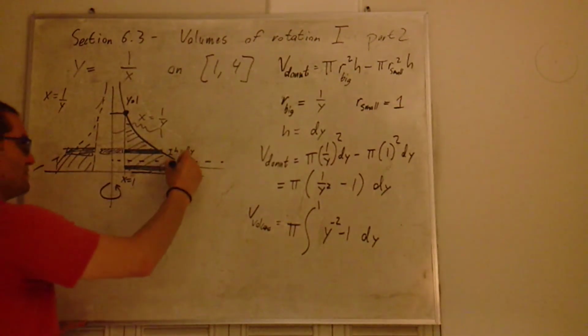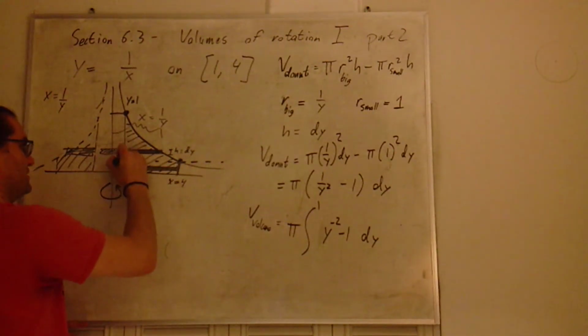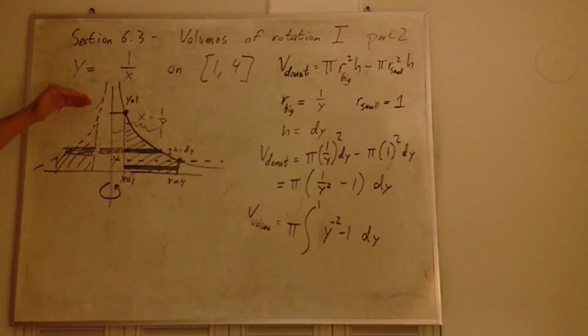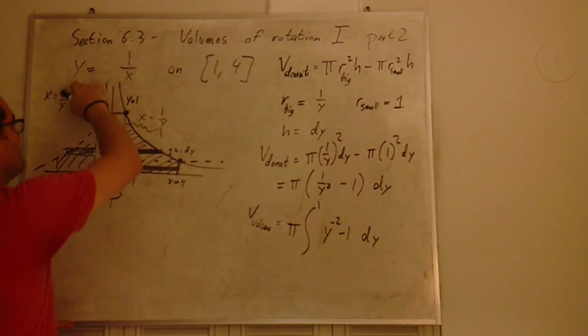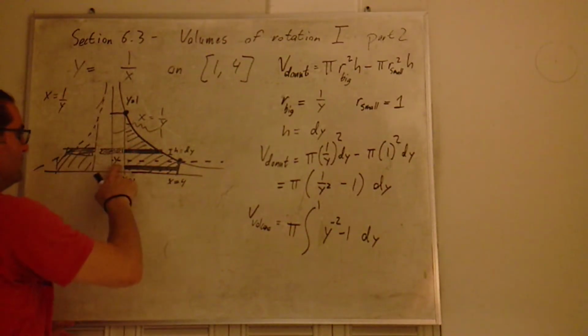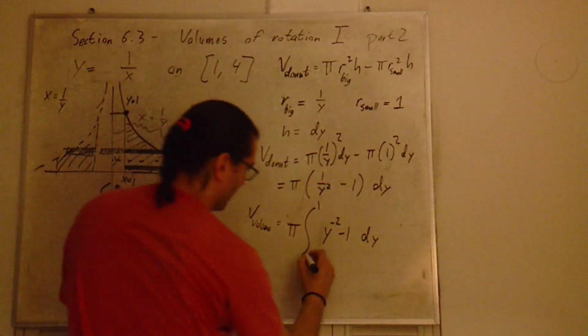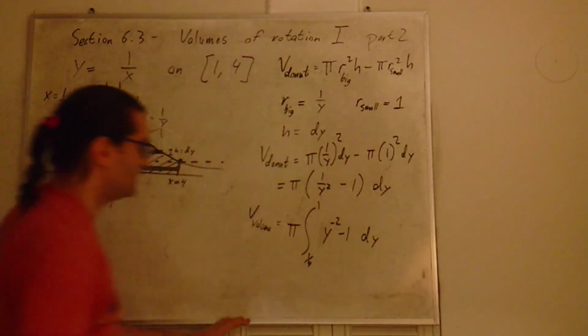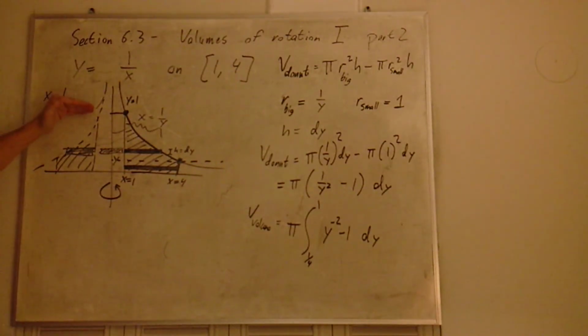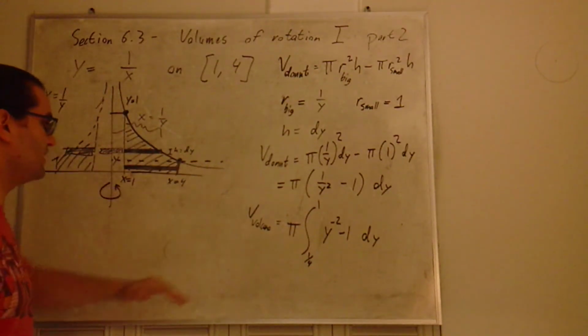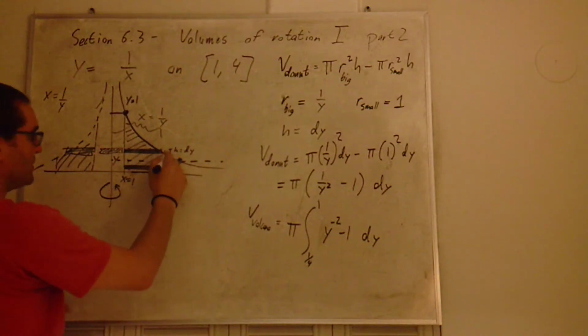So this is the point where I'm going to end on the y-axis. When I plug x equals 4 into this, I get y equals 1/4. So y is going to go from 1/4 to 1. This will give me the volume only of the top half of this.